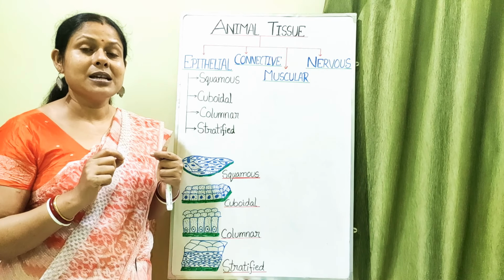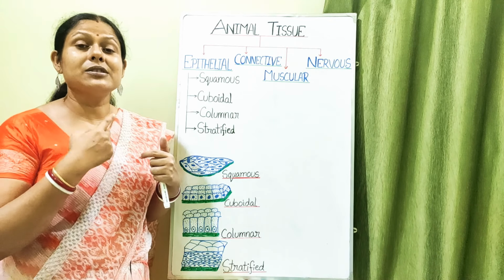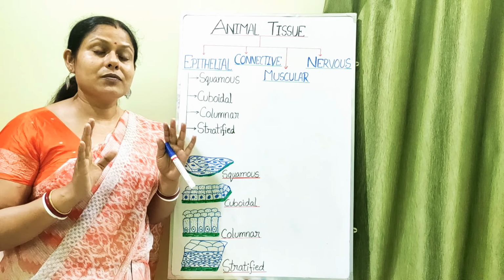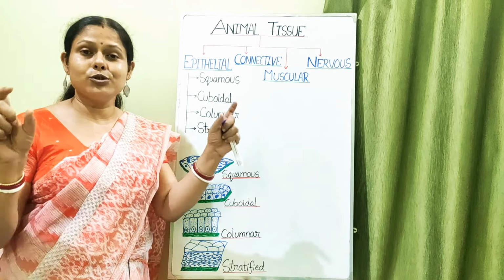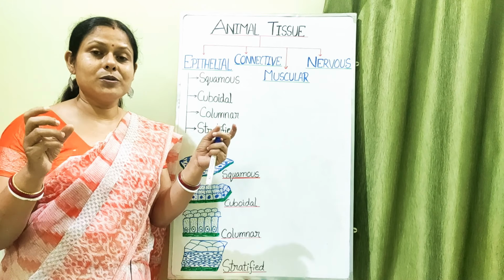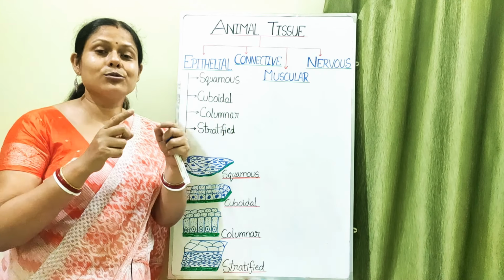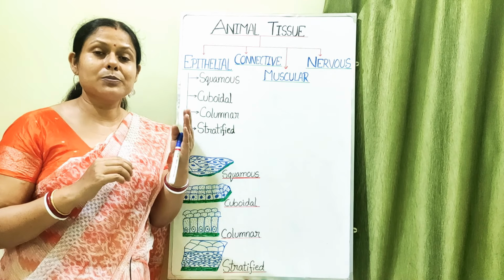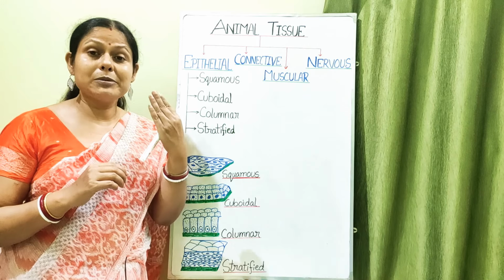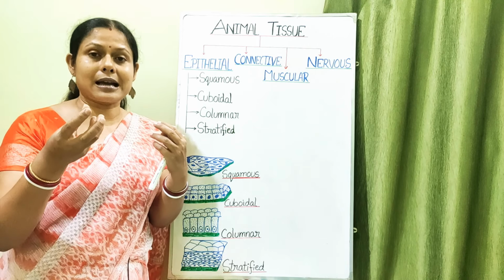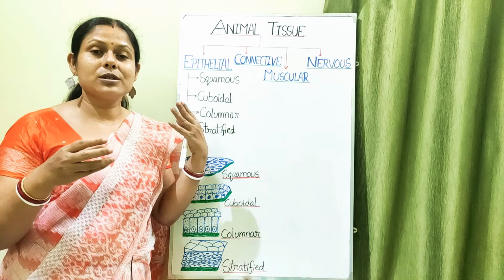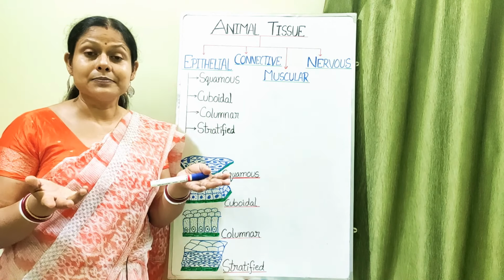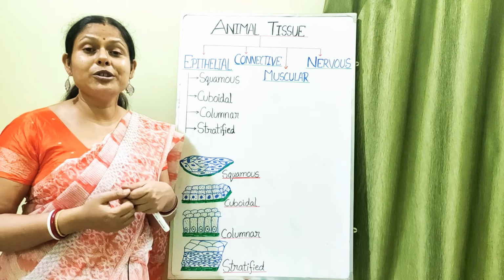So where are they present? In our bronchus, in our trachea, that is the windpipe, and in our nose. In the female reproductive part, two fallopian tubes are there. When the egg is released, it travels through the fallopian tube, isn't it? If the egg does not travel, the sperm will not be able to fertilize it. If the egg is stagnant, the sperm is not finding the egg, so no fertilization, and no formation of zygote.